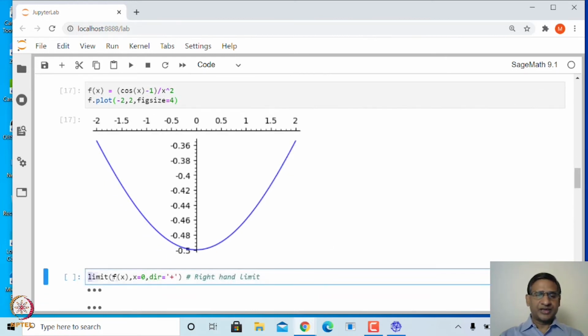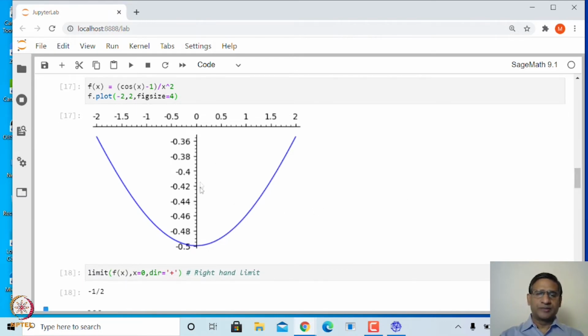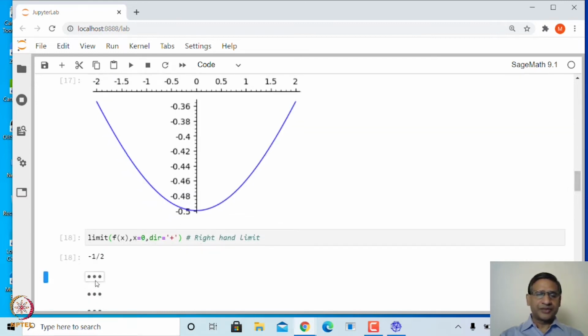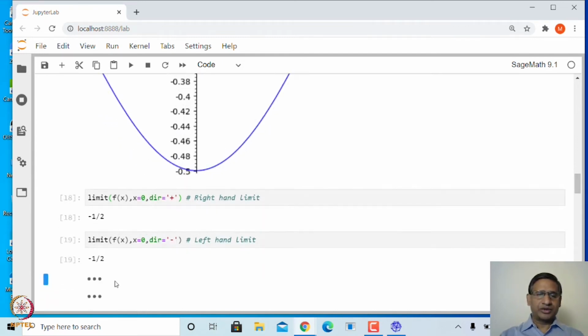If I find the limit of f of x at x equal to 0, the right, the plus, will give you the right hand limit. This is equal to minus half, and that is what you can observe from the graph. Similarly, the left hand limit will be minus half, and if I want to find the limit of this function, I do not need to mention the direction, I have to only say x equal to 0. So, that is the limit, and this is equal to minus half.